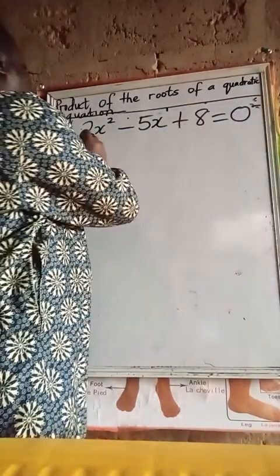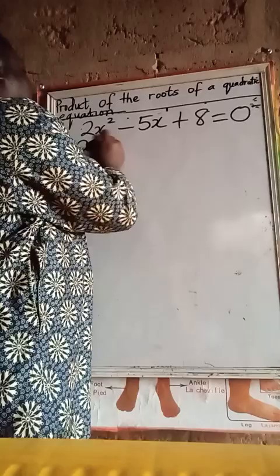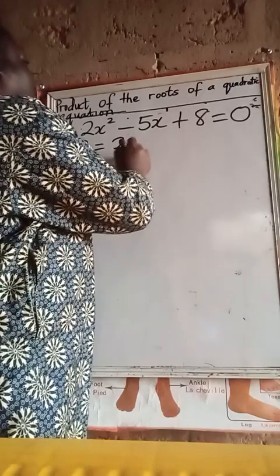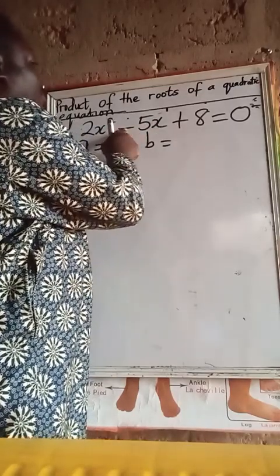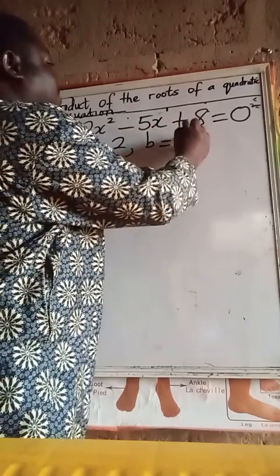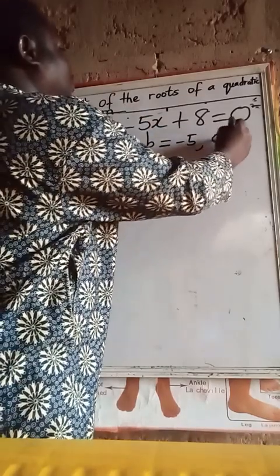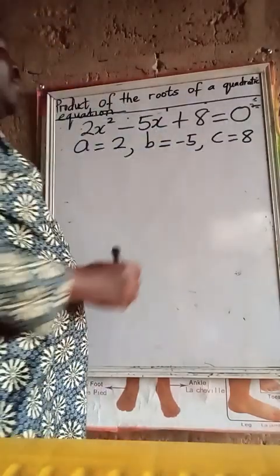From this quadratic equation, a is equal to 2, b is equal to minus 5, don't ignore any sign, while c is equal to 8.